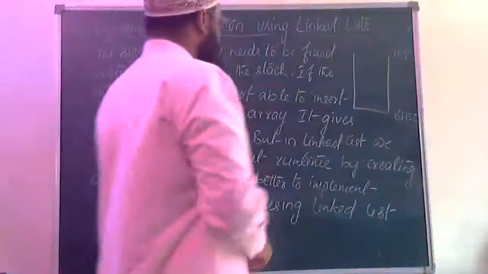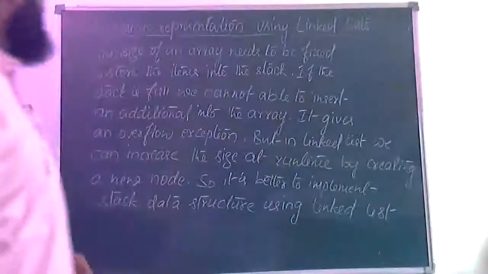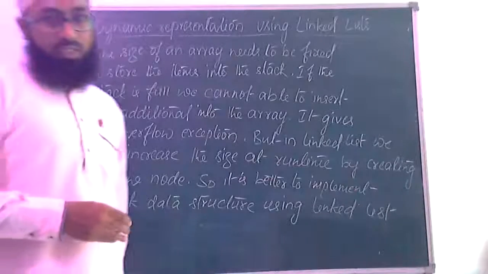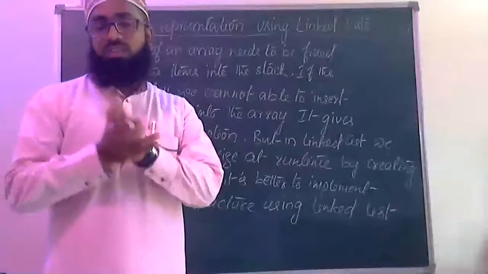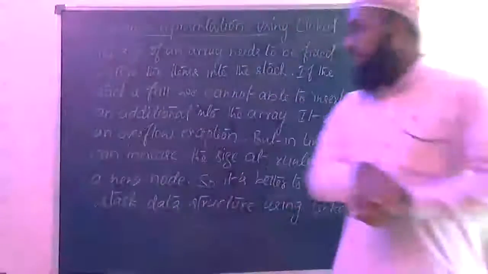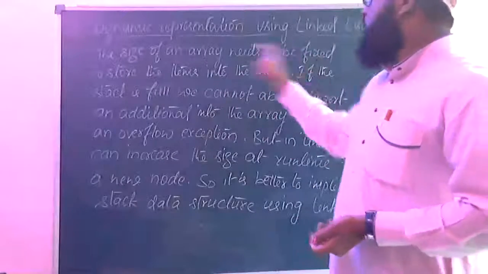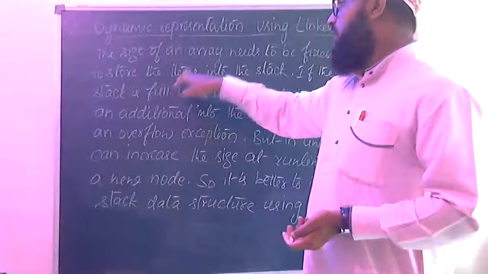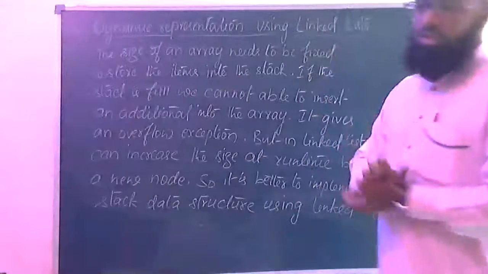So I will show you one thing here. Look, as I have explained, in a one dimensional array, at the beginning itself, the array should be of fixed size. If you want to insert a new item into that array, then what will happen? The size of an array needs to be fixed to store the items into the stack.